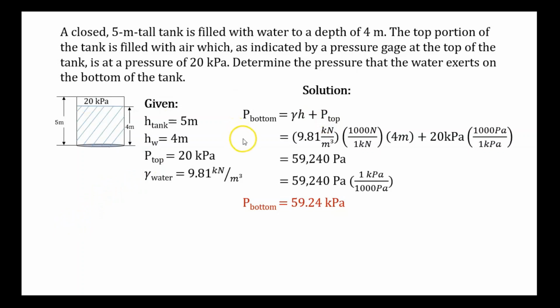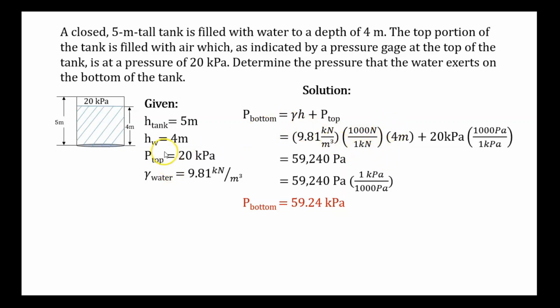And we know that the specific weight of water is 9.81 kilonewtons per cubic meter. So plugging the values into this equation, we have 9.81 kilonewtons per cubic meter, our specific weight of water. Since this is in kilonewtons per cubic meter, we need to express it in newtons per cubic meter by multiplying by 1000 newtons over 1 kilonewton.